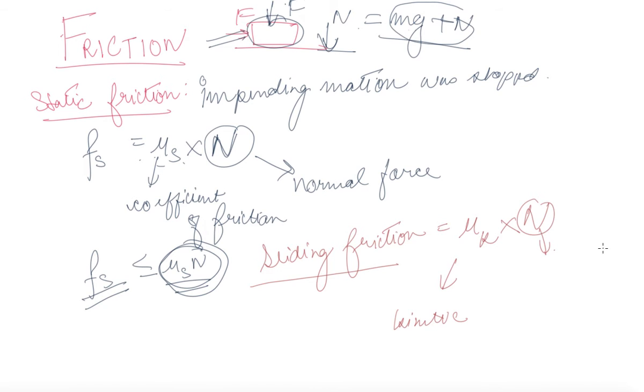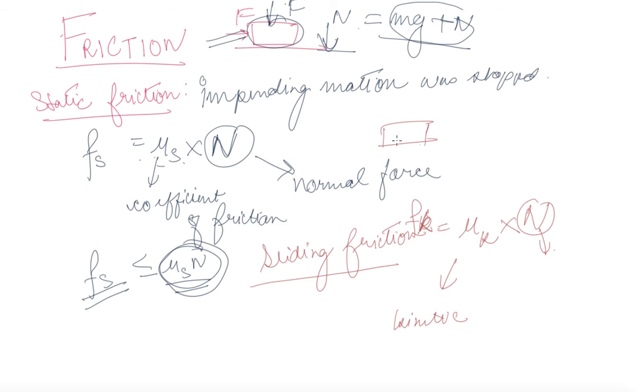So we have written Fk. This is sliding friction, or you can simply understand this as kinetic friction. Kinetic friction is the frictional force that opposes relative motion between surfaces in contact, called kinetic or sliding friction.